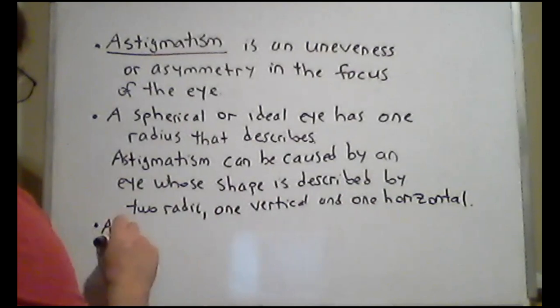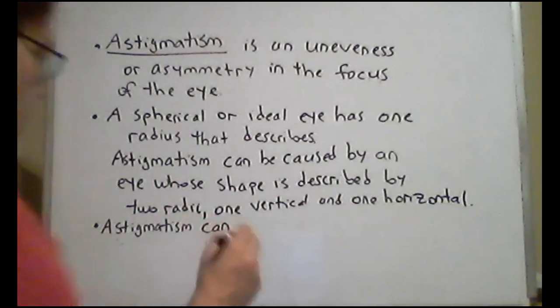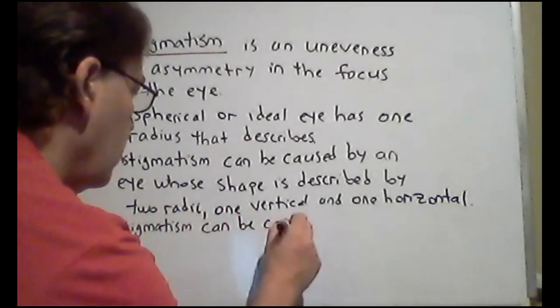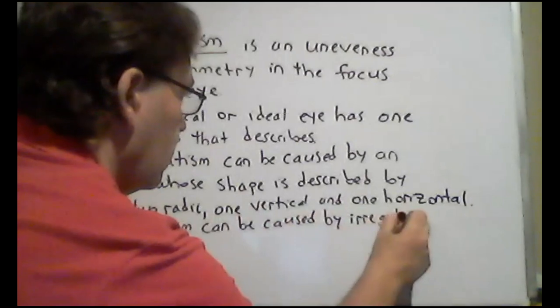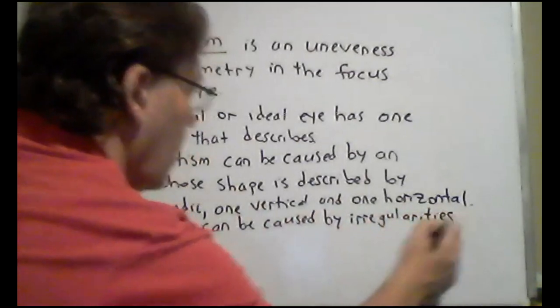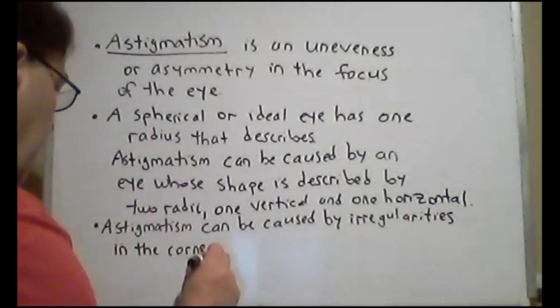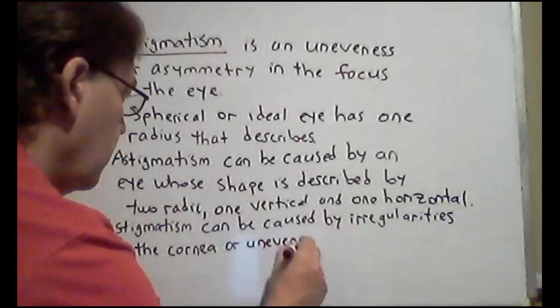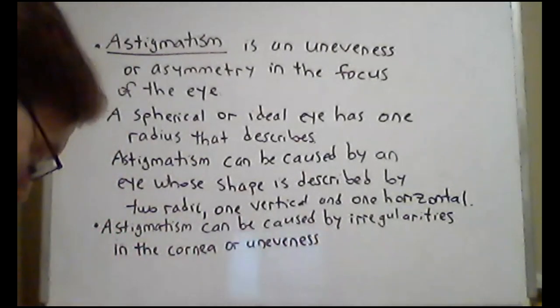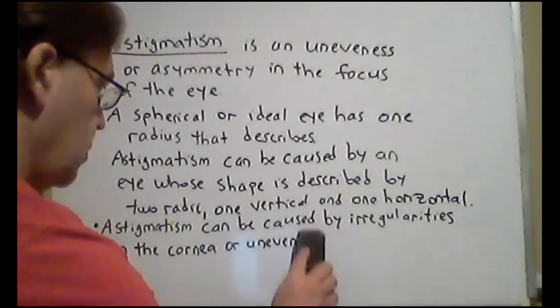Astigmatism can be caused by irregularities in the cornea or unevenness in the retina.